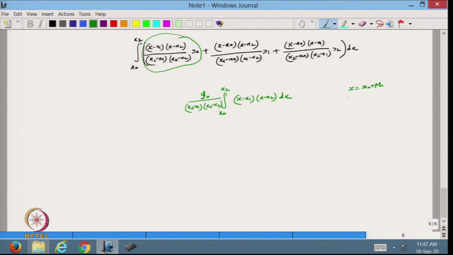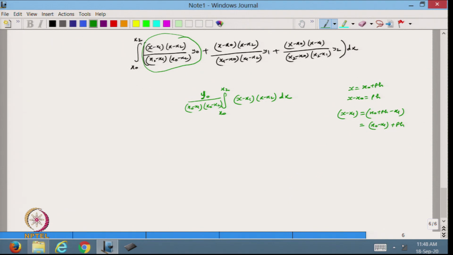So, from here I can write x minus x0 becomes ph. Now, if I put x minus x1, then this will be x0 plus ph minus x1. So, I can write x0 minus x1 plus ph.